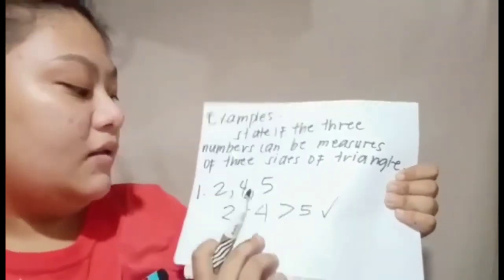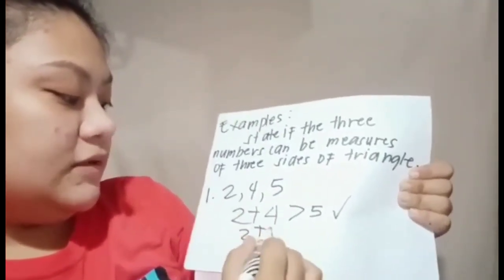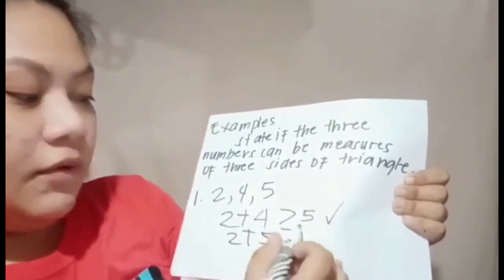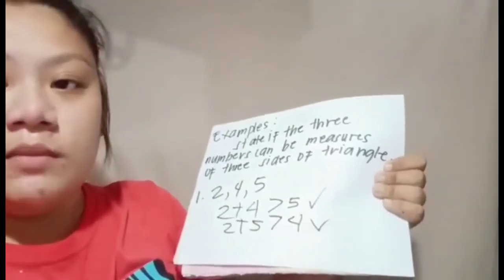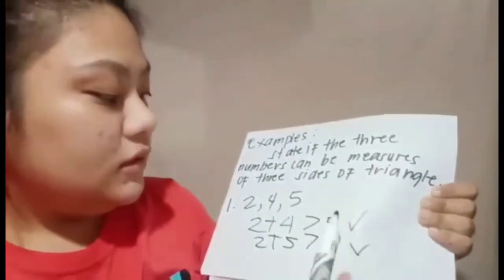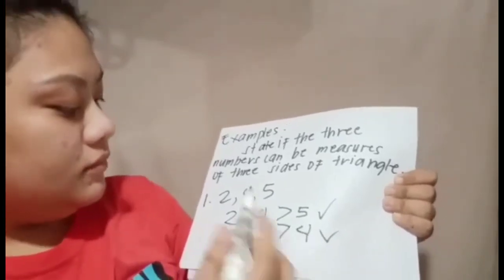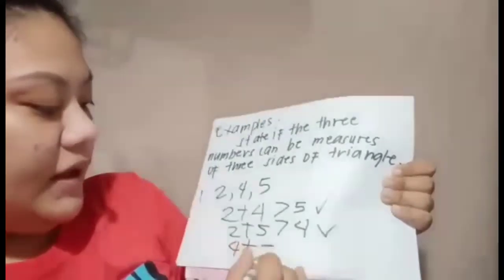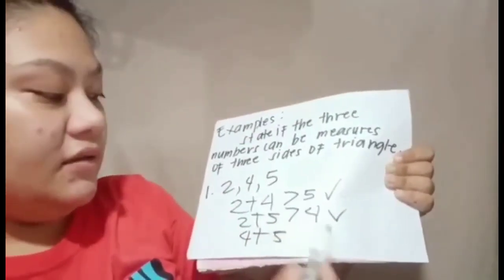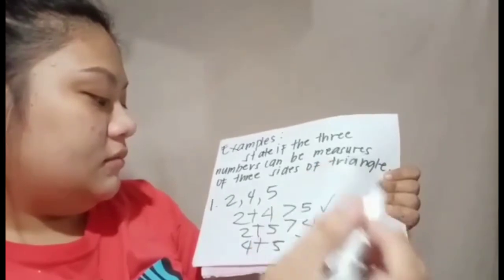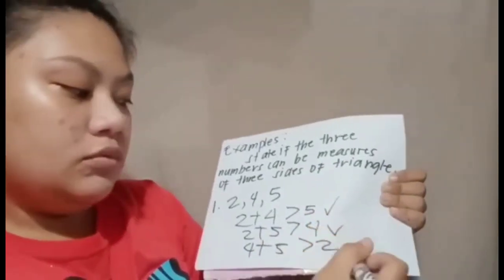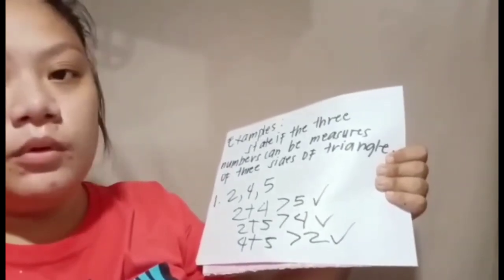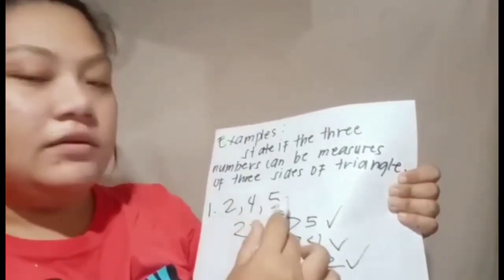Dahil may dalawa pa. 2 plus 5 is 7 and greater than 4. So, tama din. Pwede rin tayo makabuo ng triangle. And last, 4 plus 5, which is 9, greater than 2. Kaya, pinapatunayan lang nito na pwede tayong bumuo ng triangle sa number na ito.